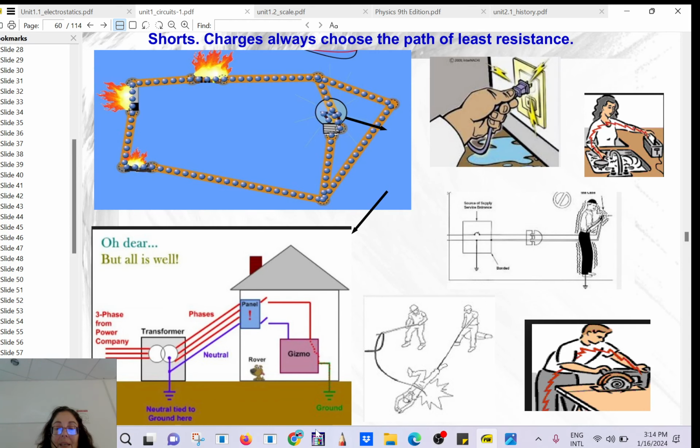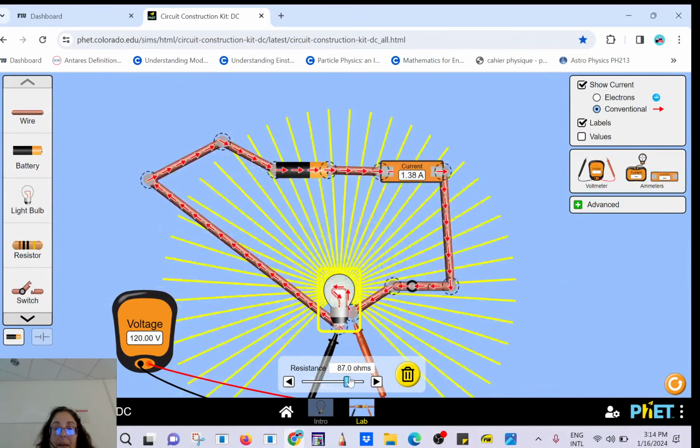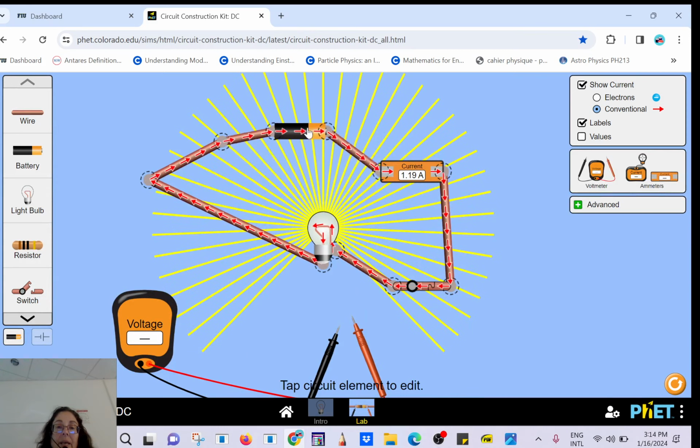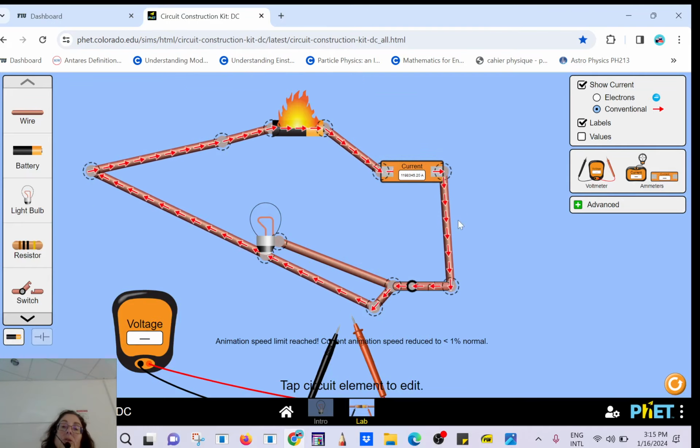I can show you that here. Okay, so that's happy. Nothing special happens there. But if I make a short, if I give the choice, for example, to the current to take a shortcut, so make a shortcut here, it will go through the path of least resistance.